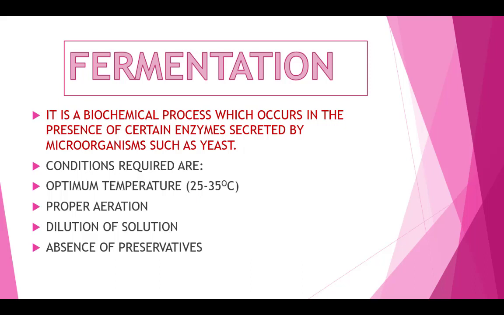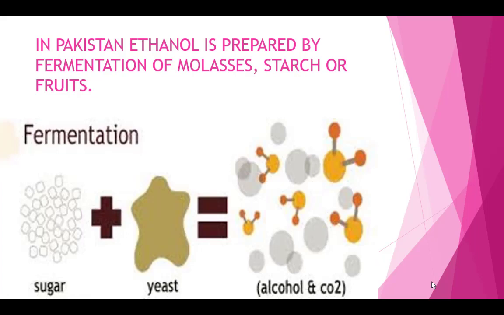Enzymes are particular and very sensitive and can be helpful only at optimum temperature conditions. At high temperatures, enzymes become inactive. In Pakistan, ethanol is prepared by fermentation of molasses, starch and fruits.